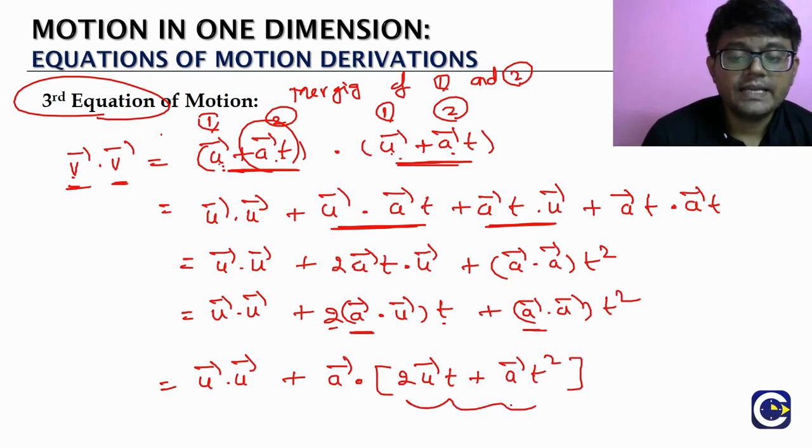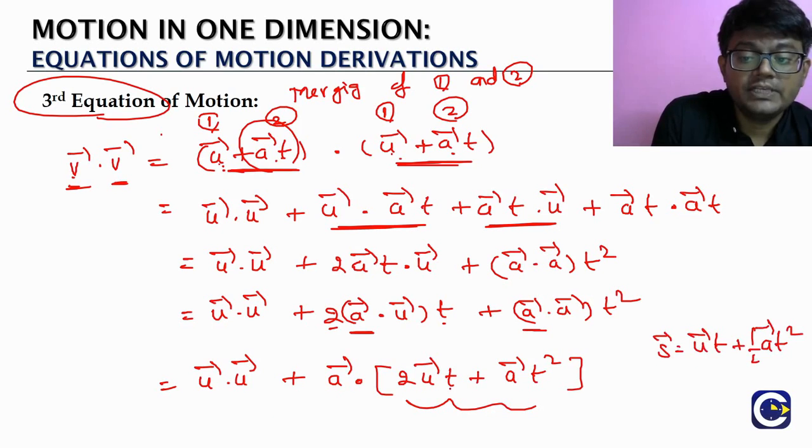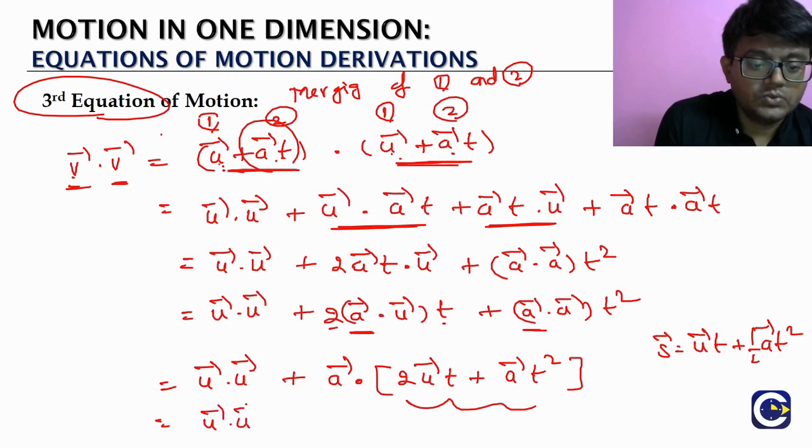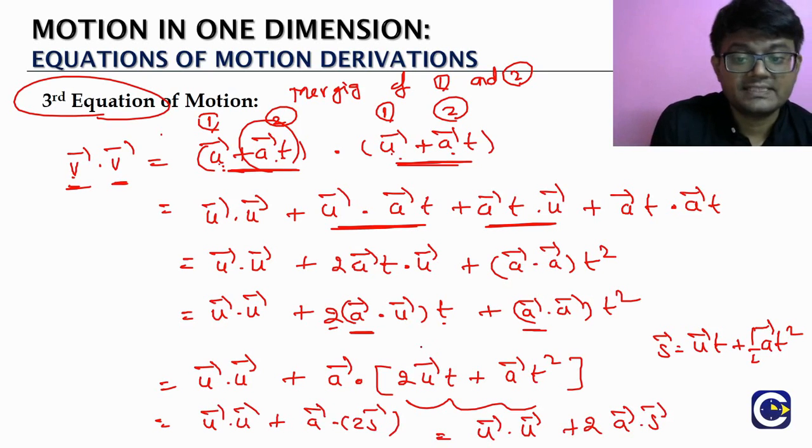Now, does this remind us of something? We have s is equal to ut plus half at square. So what is this actually? This is the 2s. So look at it, u dot u plus a dot 2s. We can also write it as u dot u plus 2 times a dot s. We'll just take that 2 separate because it is a scalar constant.